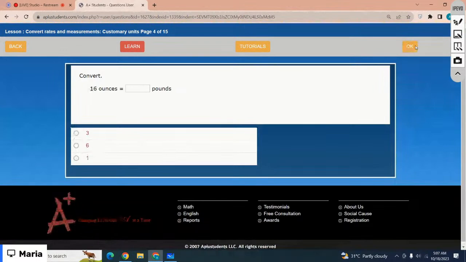Okay, 16 ounces equal how many pounds? Very good. That would equal 1 pound.